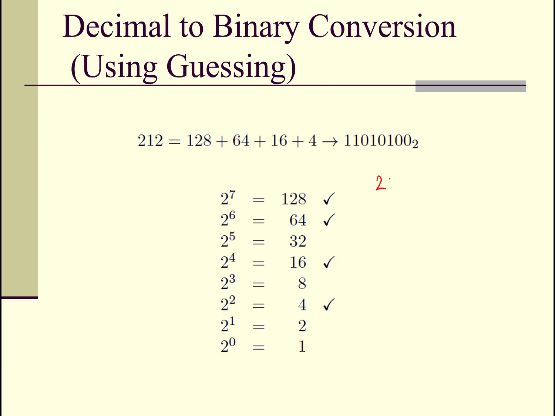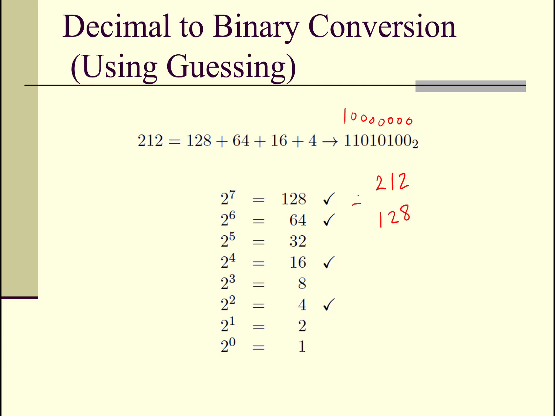So you will start with 212 and try to go to the nearest number, and in this case you'll find that the nearest number is 128, right? Which is 2 to the power of 7, which is 1 and 7 zeros. 1, 2, 3, 4, 5, 6, 7. Okay? And then we have to subtract these two from each other.